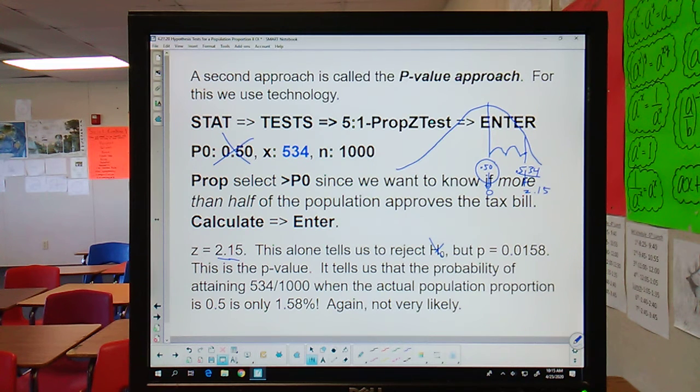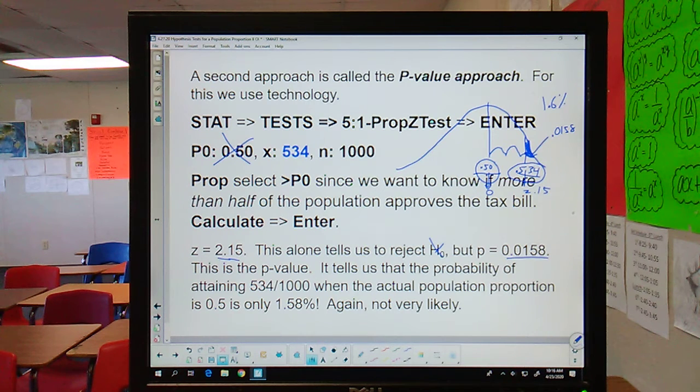But also look at this. There's also a p-value in there, which says 0.0158. That means the probability of getting 0.534 when you have a 50% assumption is a very small probability. It's only filling up 0.0158, or about 1.6% of the area under the curve.